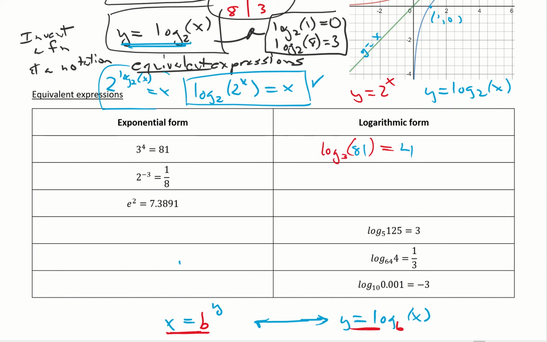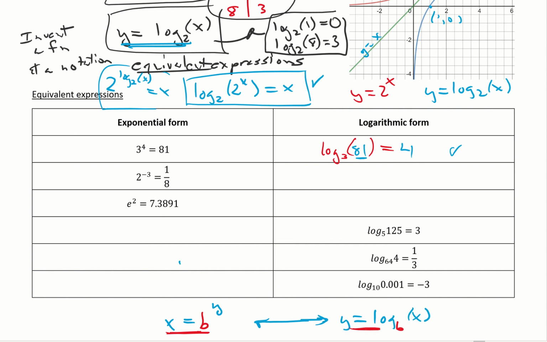This particular phrase says 3 to the 4 power is 81, because log base 3 of 81 gives you the power of 3 to make 81. So instead of taking a power of a number and getting a result, this says, here's the result. What is the power that we took? It's backwards. That's all there is to it.